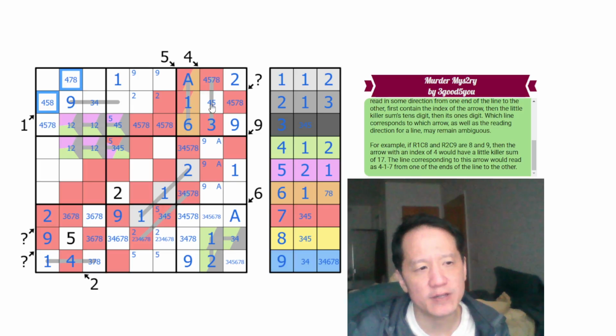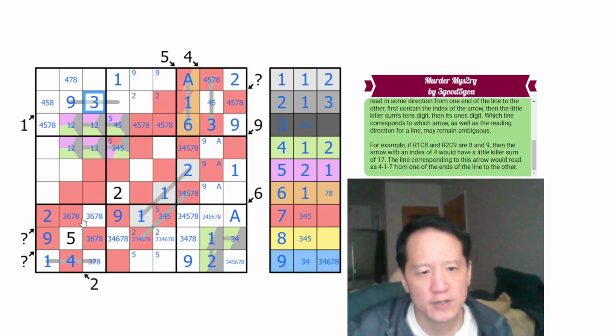But that would eliminate all possibilities for this cell. So this cannot be 4 then. This has to be a 3, which means none of these are 3, which forces we have a 6, 7, 8 triplet in box 7, which eliminates 6, 7, and 8 from the rest of the cells in that box.